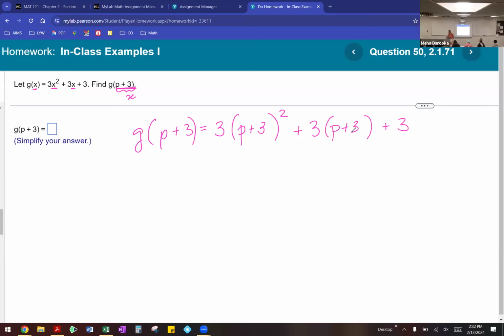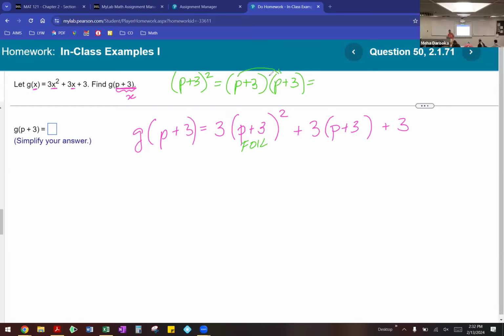The first thing I would suggest is, let's do FOIL for the p plus 3 quantity squared. That's p plus 3 squared, which is p plus 3 multiplied by itself. When you do FOIL on that, what will we end up getting?